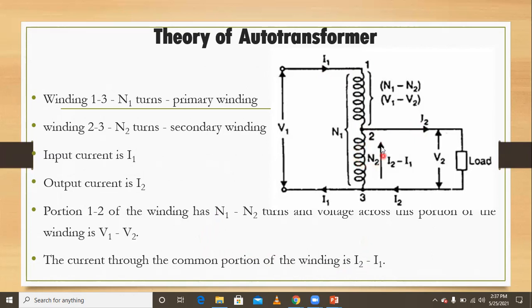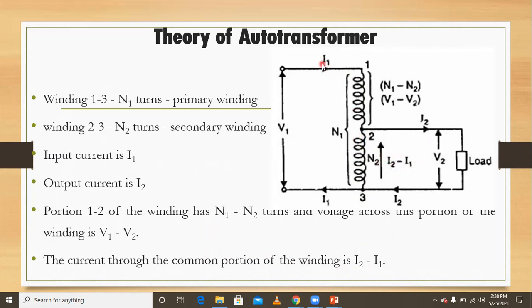If we consider the current flowing in the secondary winding in this direction, it is I2 minus I1. If the current is in the downward direction, it is considered I1 minus I2. Here the winding current flows in the upward direction, so it is I2 minus I1.